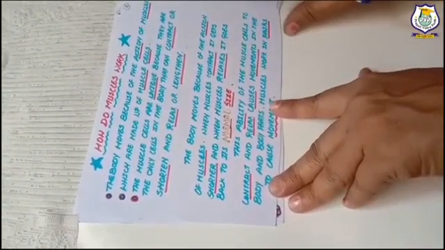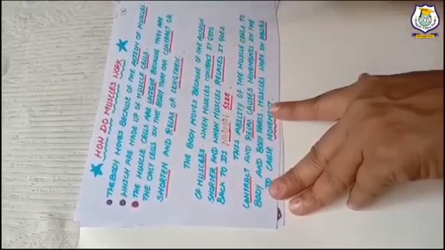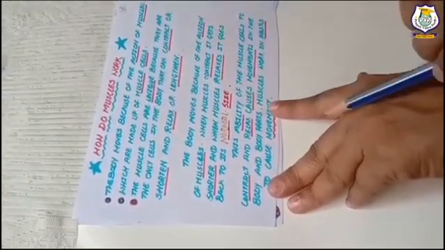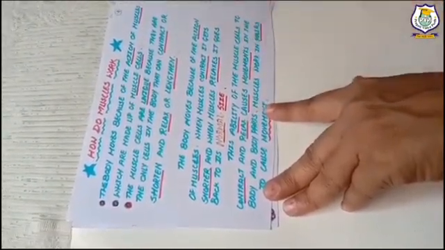So how does the body work? The body works with the help of the action of muscles. When muscles contract, they get shorter, and when muscles relax, they get back to their normal size.